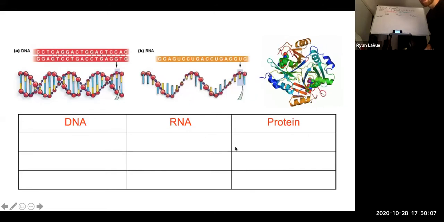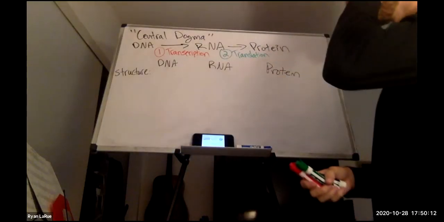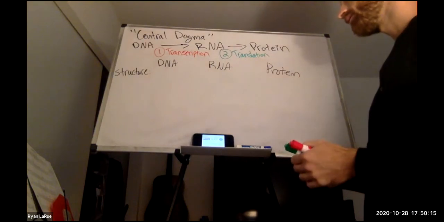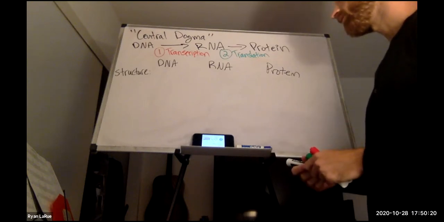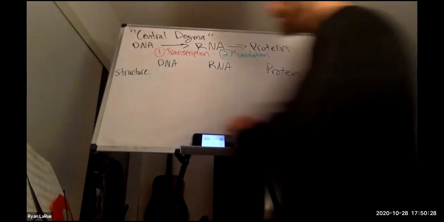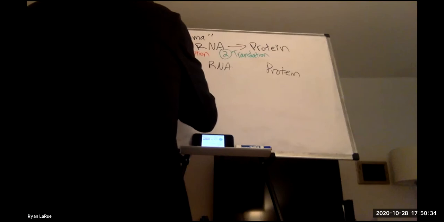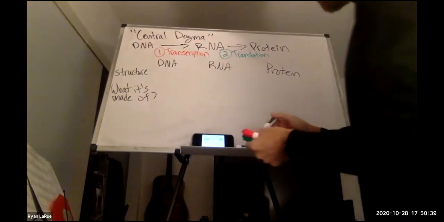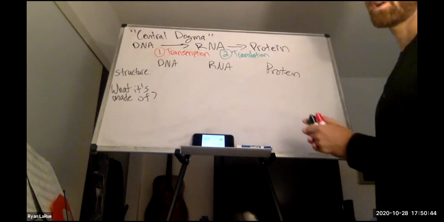The first row is going to be the structure of the molecule. The second row is going to be the component, or the components, what it's made of. The reason I'm doing this is because there are some differences I want you to be aware of.